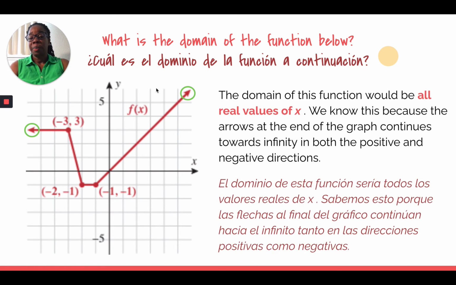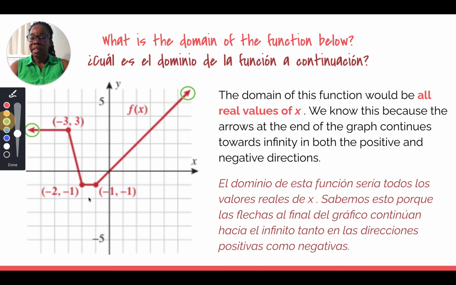Therefore, if we're paying attention to our graph, we're noticing that there are arrows on either end of the graph, and that tells us that it's extending or continuing indefinitely in the left direction and in the right direction. So we know that in this case, the domain for this function is going to be all real values of x.